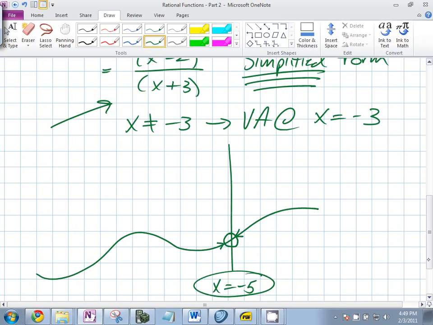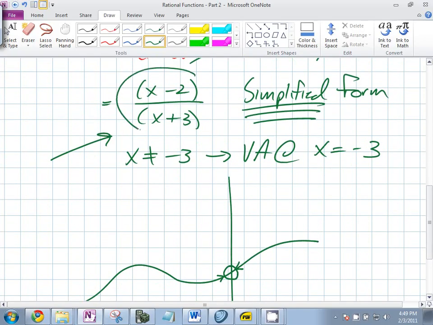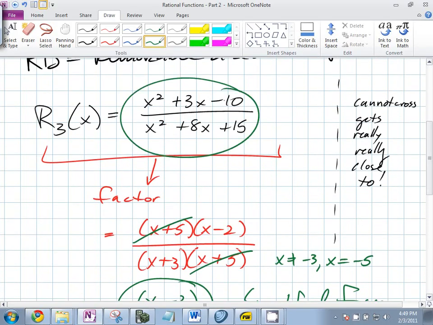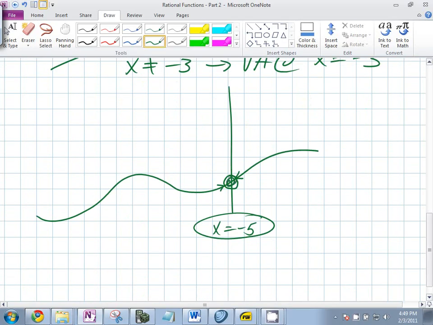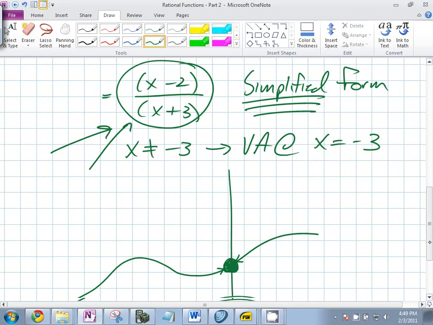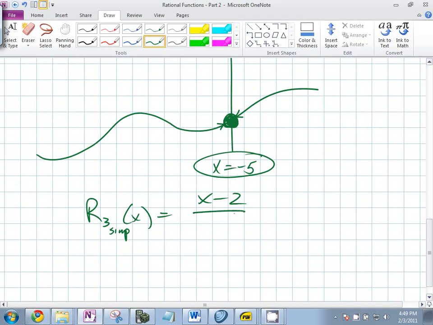Now you might ask yourself, where does that open dot actually occur? Well, in this case, this function right here is almost equivalent to this original function, except we've taken the removable discontinuity out. We have filled it in. So let's find out where that would be by looking at the simplified form. If we take the simplified form, so you can think of this R3 simplified of x was x minus 2 over x plus 3.